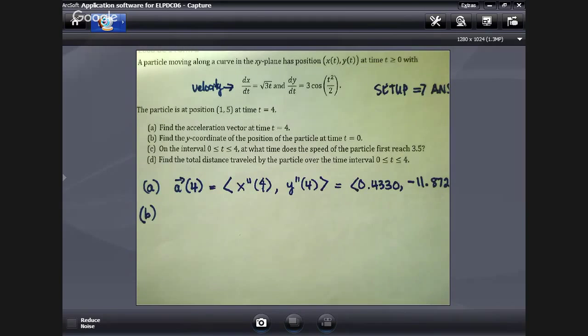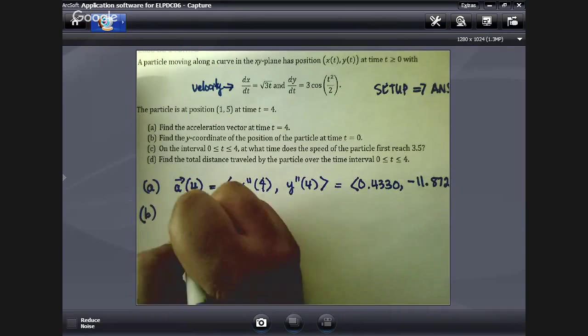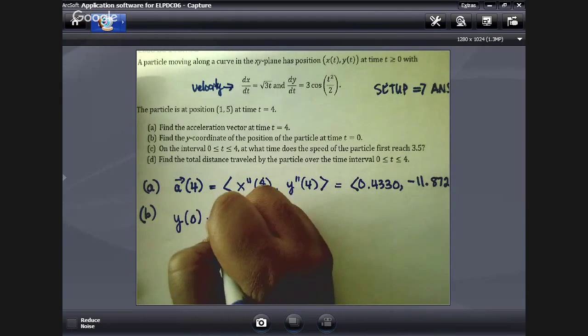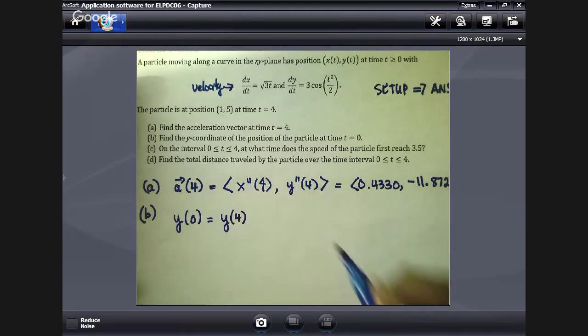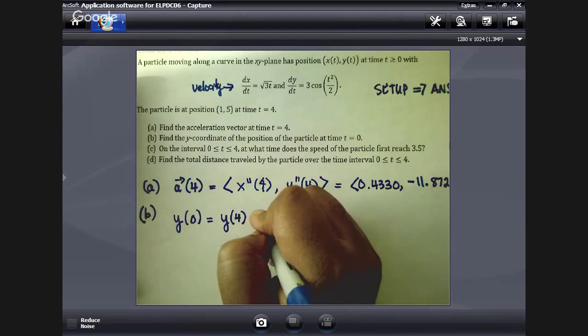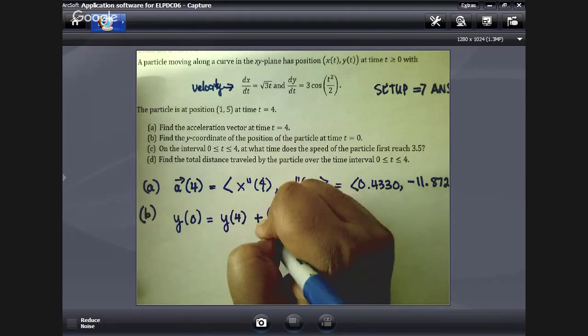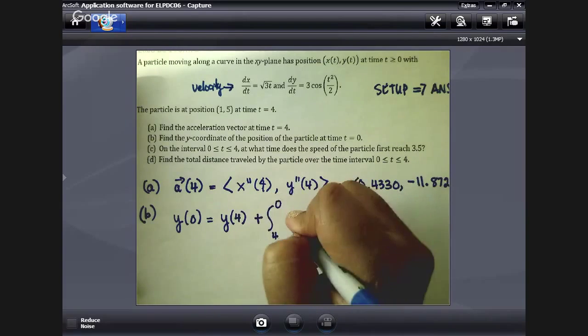And what I tell my students, or used to tell my students when I still had my own students, was this: that the value that you want, which is the y-coordinate at time equals 0, is going to be equal to some value that you know, and we know what the y-coordinate is at time t equals 4 because they gave that to us, plus the net change between those two values. And net change is expressed as a definite integral.